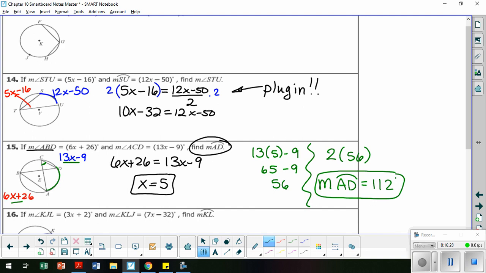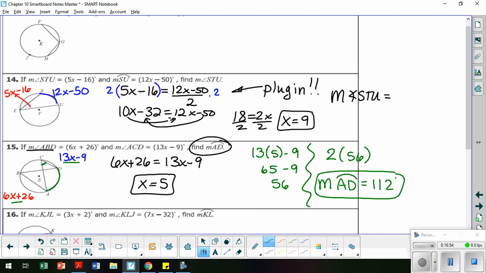Solving that, we get 18 equals 2x, divide by 2, x equals 9. And it wants the measure of angle STU. So the measure of angle STU is equal to 5 times your 9 minus your 16, which equals 29 degrees.